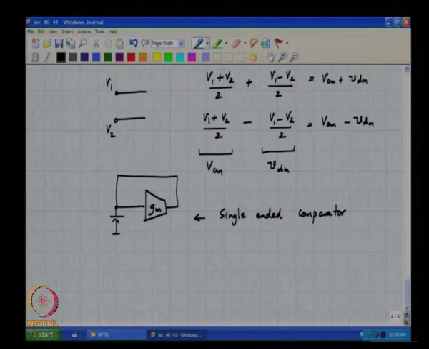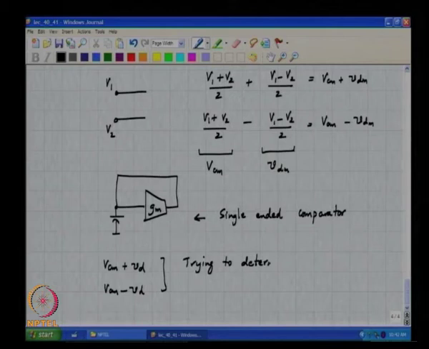Now, if you are dealing with an input which is differential, in other words the two wires are VCM plus VD and VCM minus VD, what are we trying to accomplish? What we are trying to do is figure out if VD is greater than 0 or VD is less than 0.